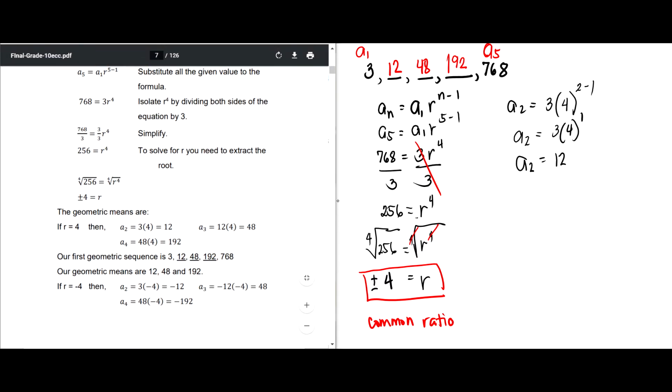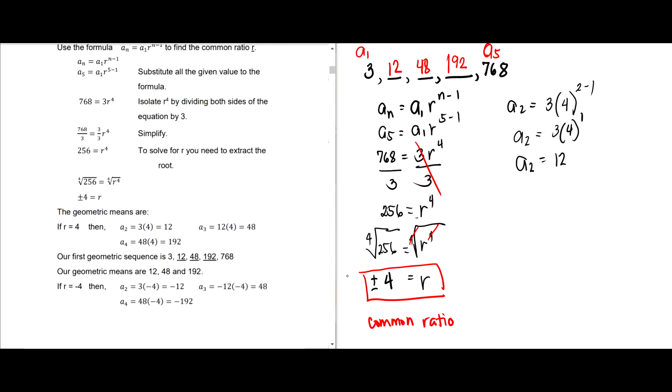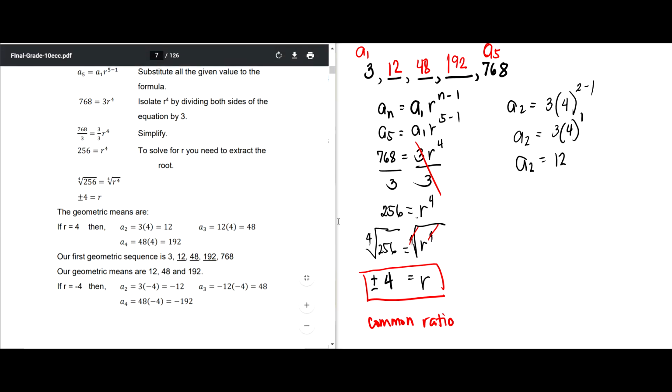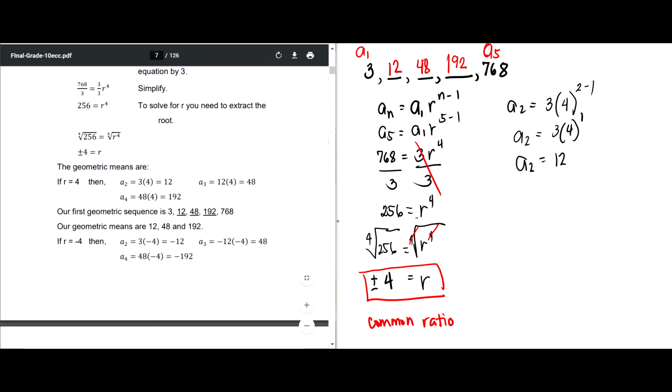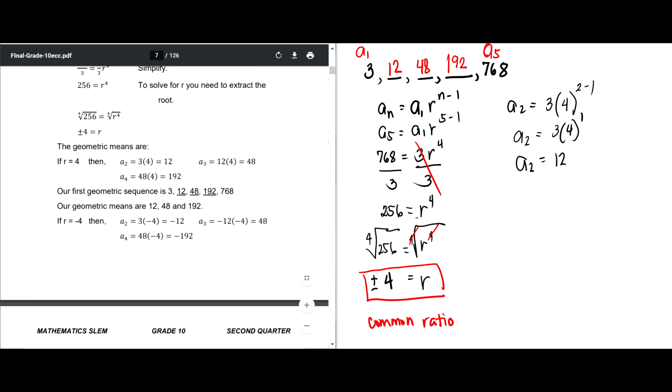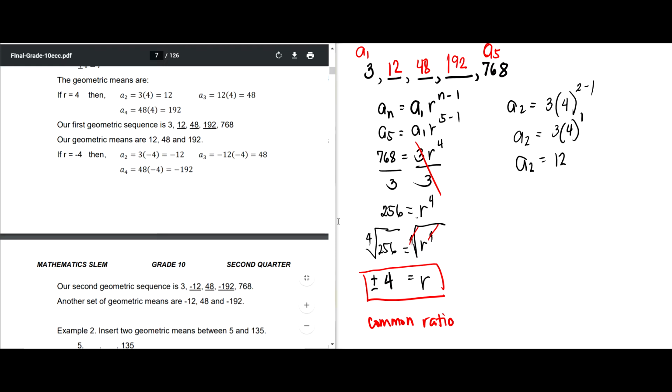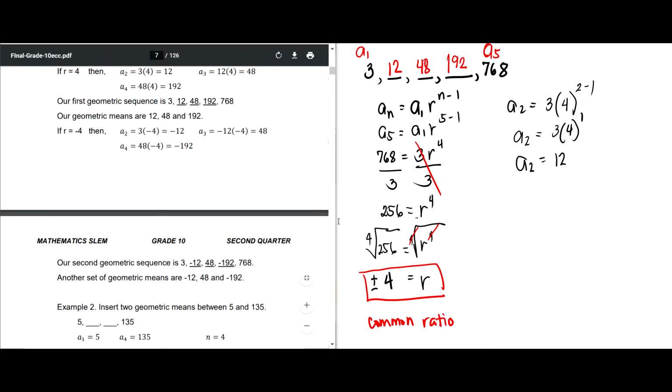Now, if r is negative 4, then you are going to obtain negative 12, 48, and negative 192. We can also use that one, but your common ratio there is a negative number.